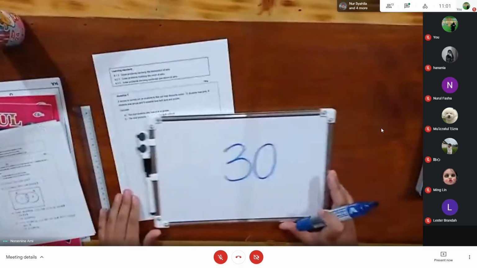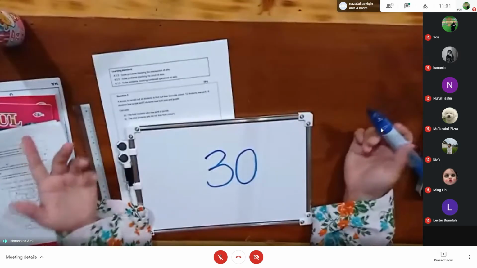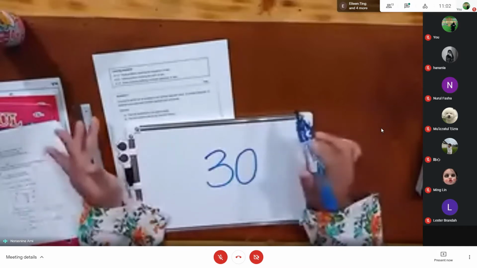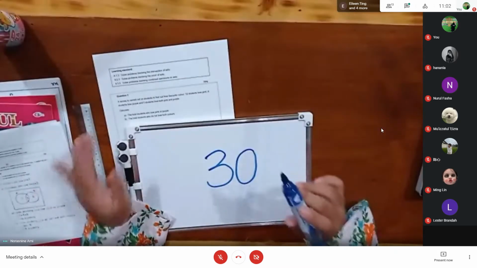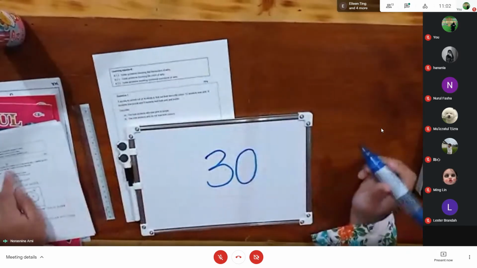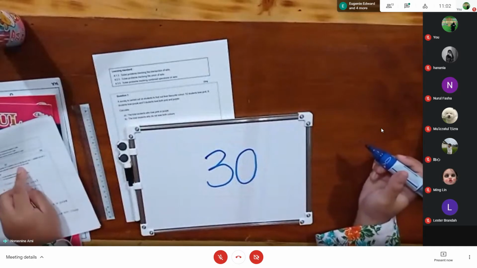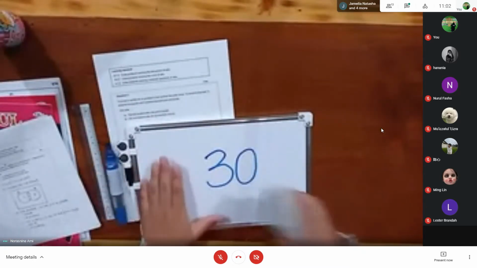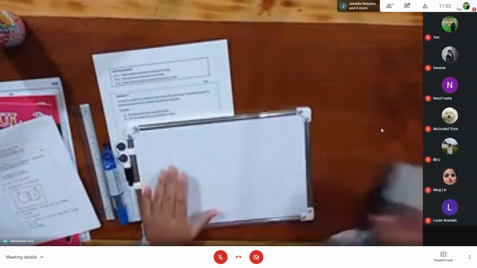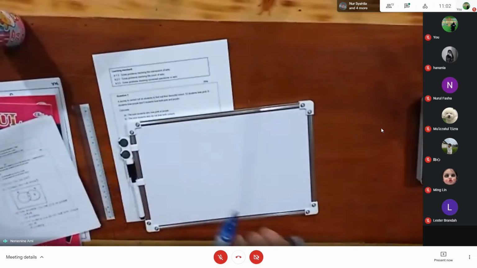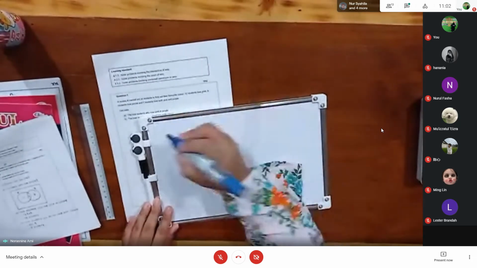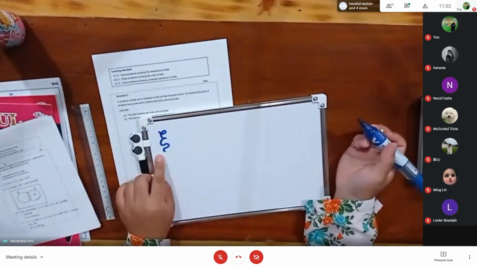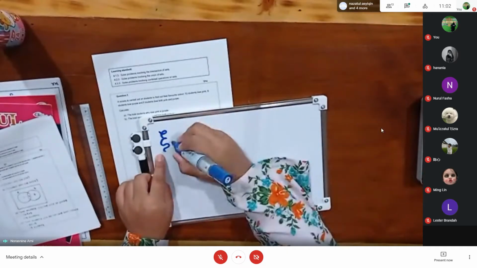First, you read the question and understand the question. It is said that a survey is carried out on 30 students to find out their favorite colors. So this will be our universal set. The universal set is represented by this worm-like symbol.